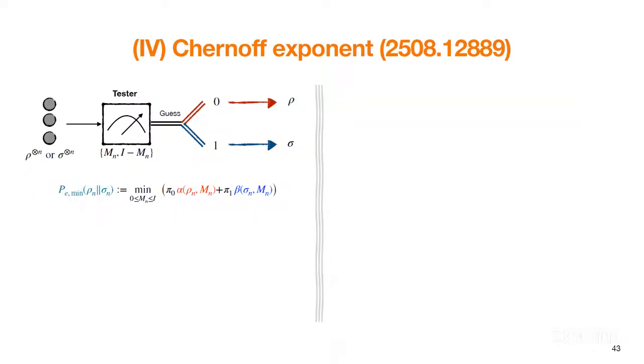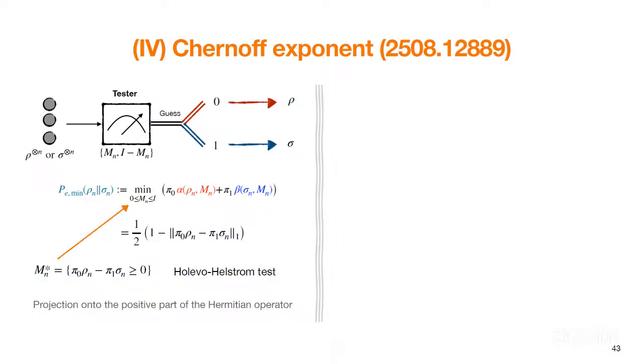Okay, so finally we have a more interesting result here. For the Chernoff setting, we actually know what the optimal test is. This minimum error probability can be written down as a trace norm between the states. So we know the optimal measurement here is essentially given by the positive part of the operator, which is the so-called Helstrom test.